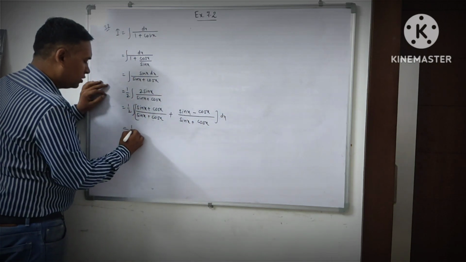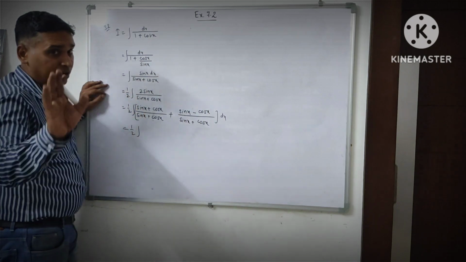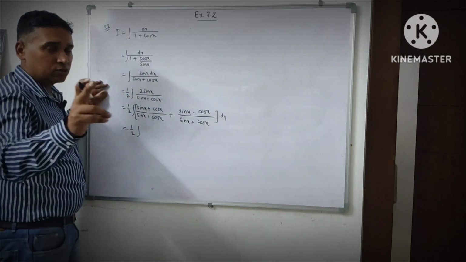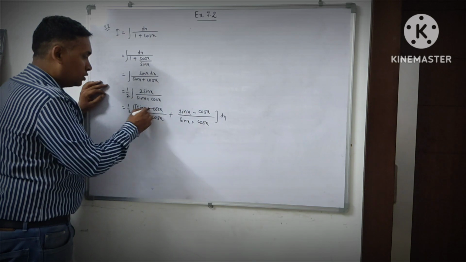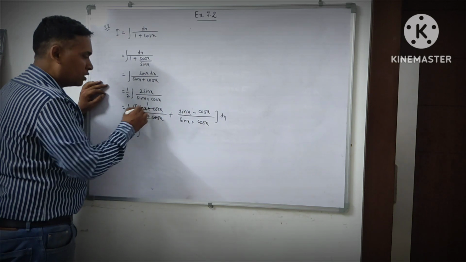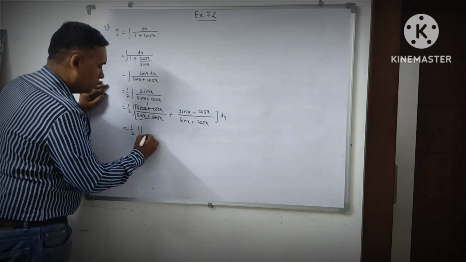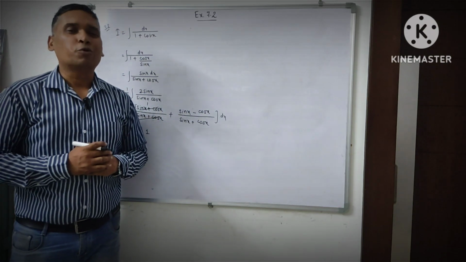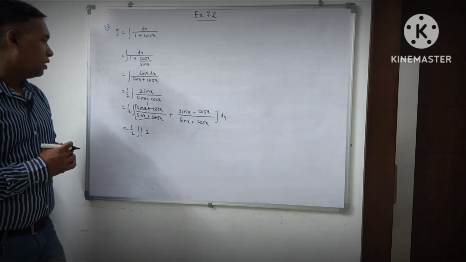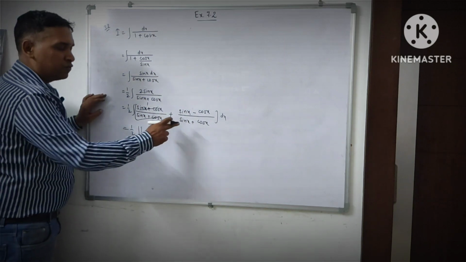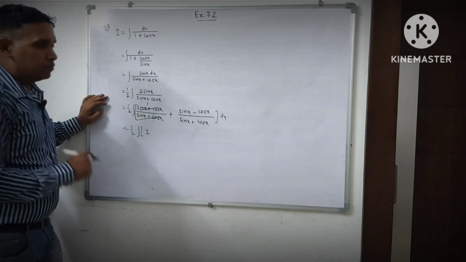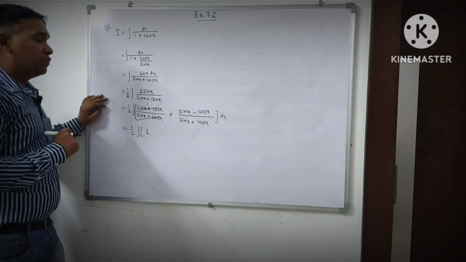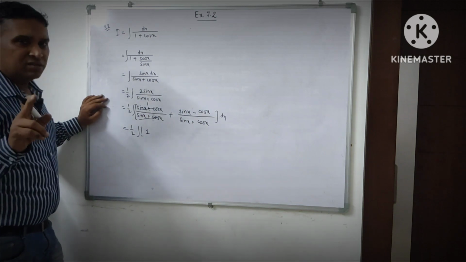So all of you please try this question at least twice or thrice in writing. Then only you can crack this question. Now this expression and this expression will get cancelled out, so we will have 1. Any problem? Now again the ball's in your court. What is the differentiation of sin x, children? It is cos x. And the differentiation of cos x is minus sin x.